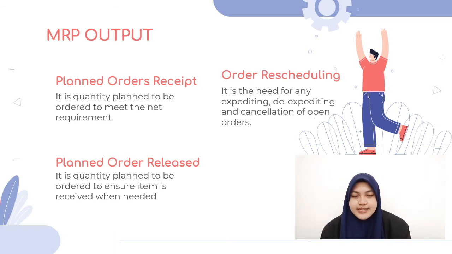Plan Order Release includes inventory forecast, purchase commitment reports, and stock out incidents. Lastly, Order Rescheduling. This highlights the need for any expediting, de-expediting, and cancellation of open orders in case of unexpected situations.